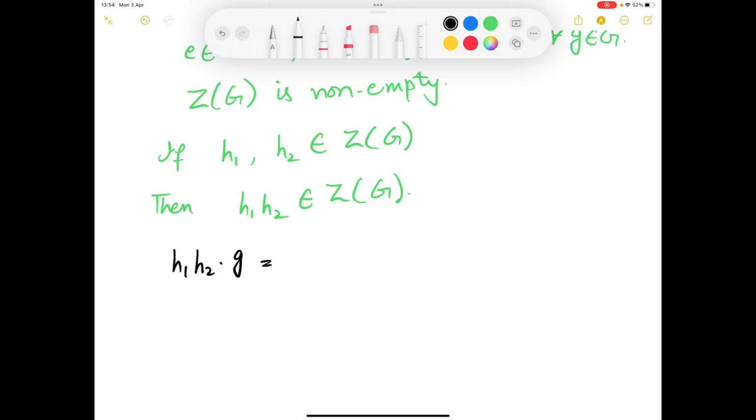Because h1 is in the center and h2 is in the center, they will commute with g. This will give h1 g h2, and this is the same as g h1 h2. So what we have done: first we have commuted h2 with g, and then we have commuted h1 with g to get g times h1 h2, which shows that h1 times h2 is in the center of the group.